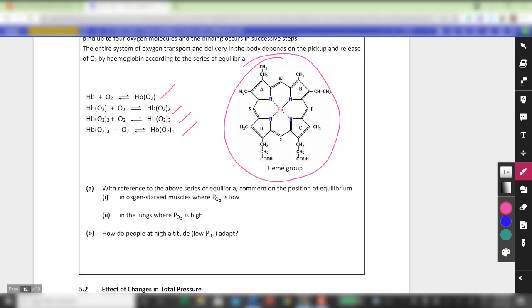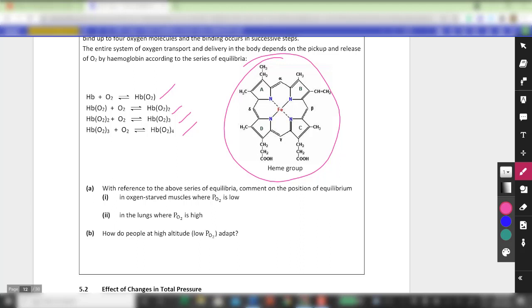Okay, so with reference to the above series of equilibria, comment on the position of equilibrium in oxygen-starved muscle when the partial pressure of oxygen is low. Okay, so what's going to happen when the partial pressure of oxygen is low? So we need to understand this.